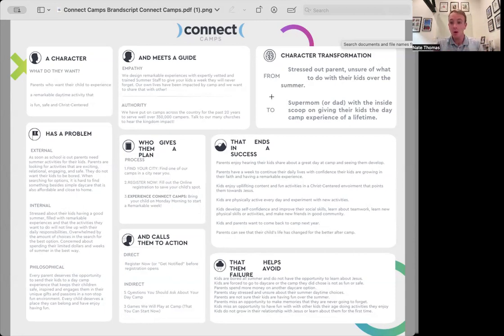So what we have in front of us is a pre-filled out brand script. I'm going to start by just focusing on what each box means and the flow that a brand script walks us through. And then I'm going to go through specifically for Connect Camps, what is our brand script.